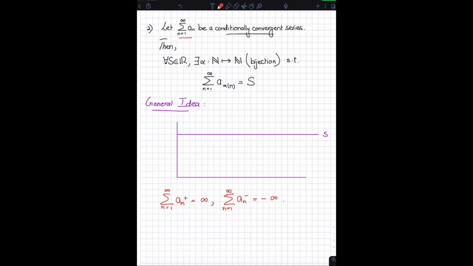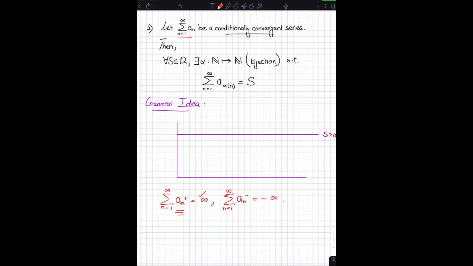So, in other words, I have enough positive terms such that if I add them up, I can obtain s. Because this sum goes to infinity, and assuming that s is greater than 0, I must have enough terms in the sequence such that when I add them up, I can obtain s.